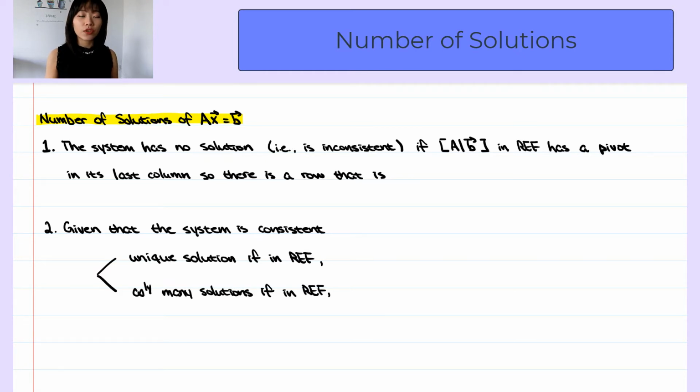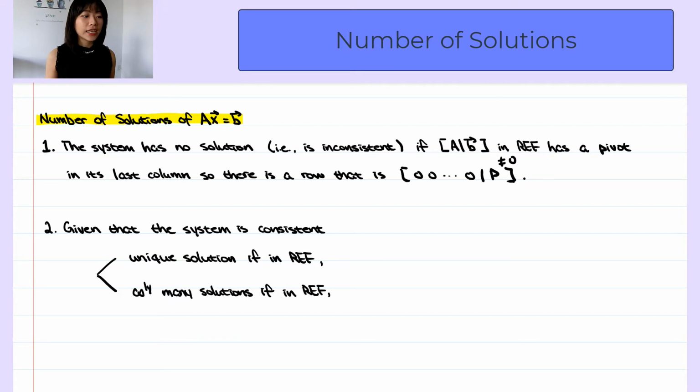When the system has no solution, then the reduced form of the augmented matrix has a pivot in its last column, which means we'll find a pivot in the vector B. And if we find a pivot in the last column, then there's a row in the form of 0, 0. So on the left we have 0, but on the right we have a non-zero pivot. So it is not consistent because the last row says 0 equals a non-zero number.